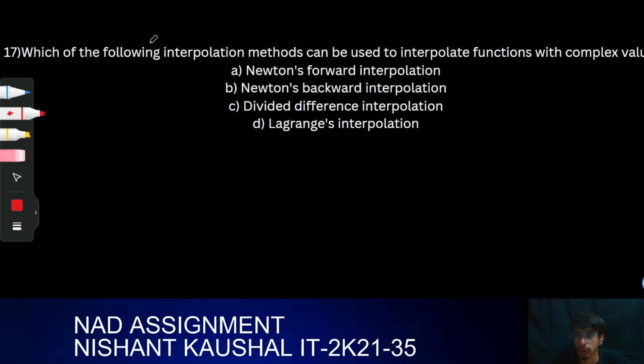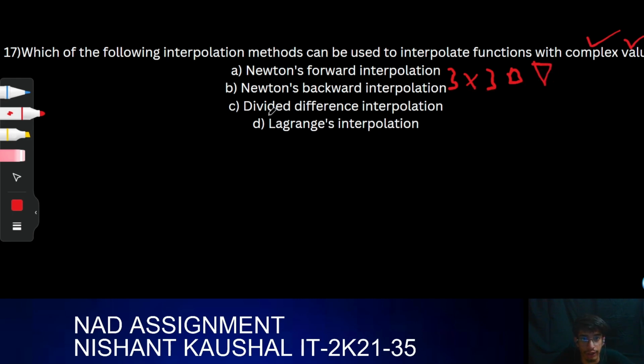Proceed to question number 17. Which of the following interpolation methods can be used to interpolate a function with complex values? Newton forward, Newton backward, divided differences, Lagrange's. So Newton forward and Newton backward can't be the answer because these two use forward difference and backward difference operators, right? And calculation of complex values is not possible in forward and backward difference operators.